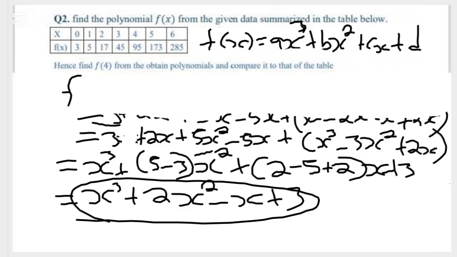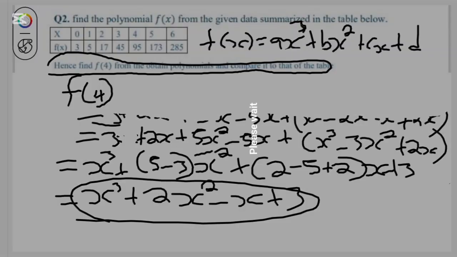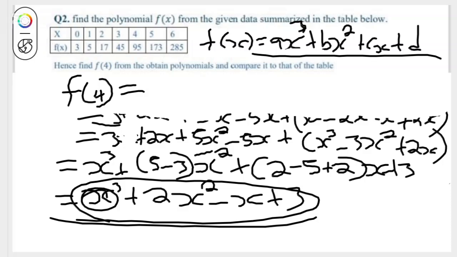So the next thing that I'm going to say, instead of f of x, I will say f of 4, because it says hence f of 4 from the polynomial compared to what? To that table. So I will say this equals, as you can see, it is almost the same thing as this. So I have to substitute the value of what? 4 in this x.